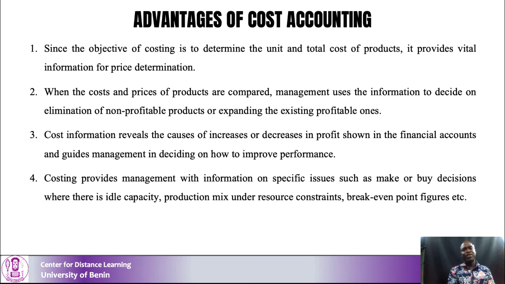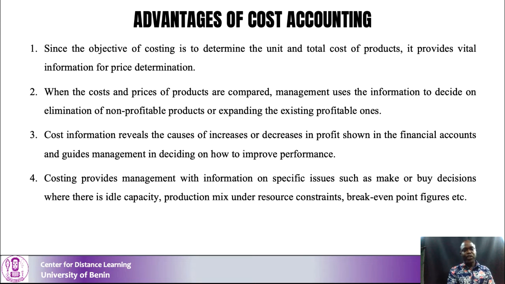Advantages of cost accounting information. One, since the objective of costing is to determine the unit and the total cost of a product, it provides vital information for price determination. In other words, costing is the very foundation of price determination.